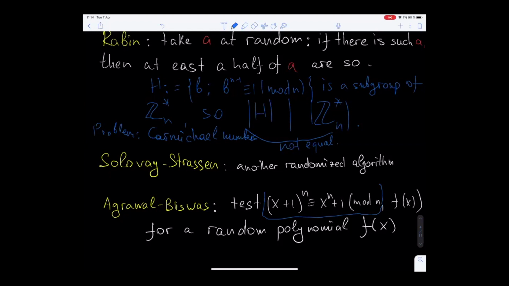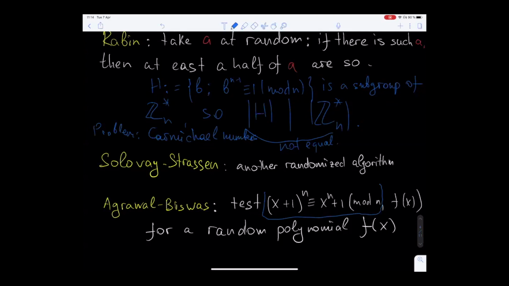So first they came up with a randomized algorithm for testing if a number is a prime, and there was a bunch of different randomized algorithms, and then they tried to de-randomize it. And in this case, there is a nice way to de-randomize it without conditioning on any hard result.